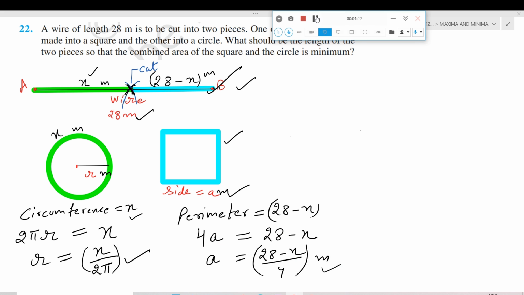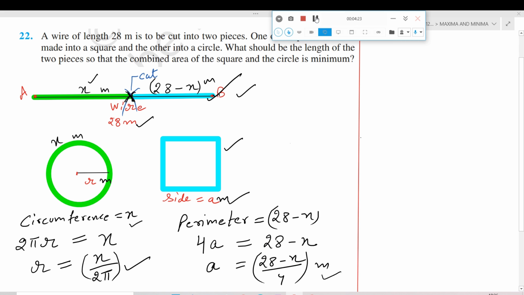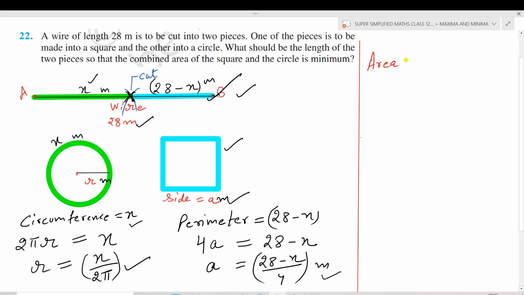Can I find out now what is the area of this circle? The area of the circle that we have considered right now, the one that you can see in green color, the formula for area is pi r square, and r we have found to be x upon 2 pi.